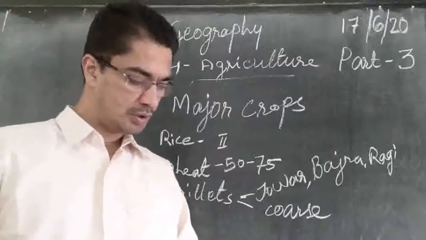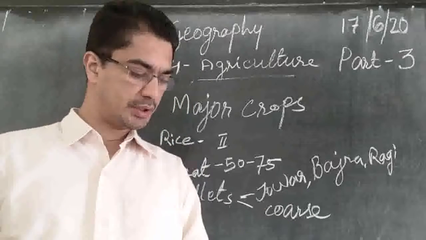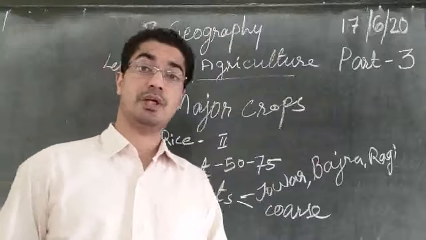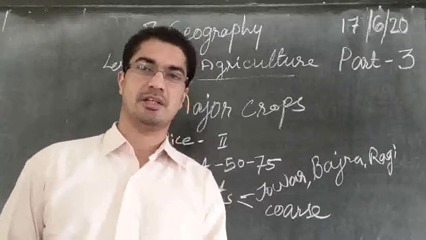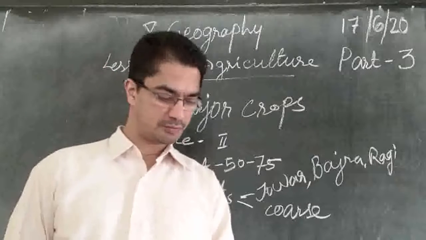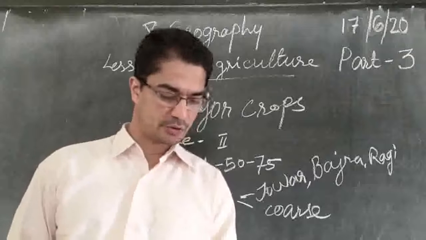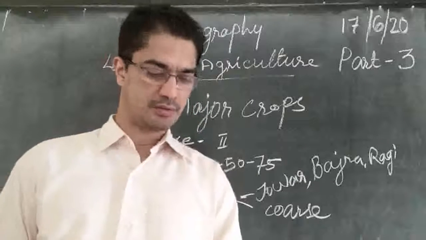Then, for example, ragi is very rich in iron. So if you eat ragi, it contains a lot of iron, and you know iron is useful for not only iron but calcium and other micronutrients and phosphates.